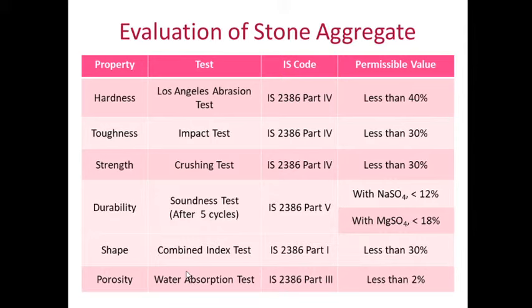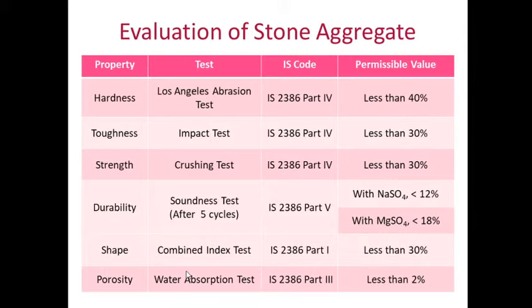Then the aggregate which is used for road work should not be too flaky, which can be determined by conducting the flakiness index, and should not be too elongated, which can be determined by conducting the elongation index. The combination of flakiness index and the elongation index is called combined index that can be determined as per IS 2386 part 1.